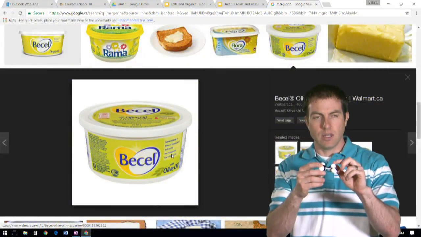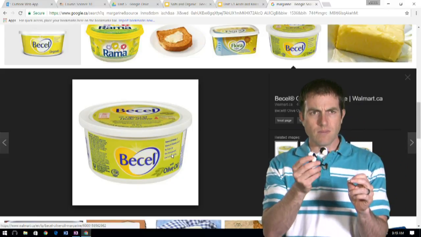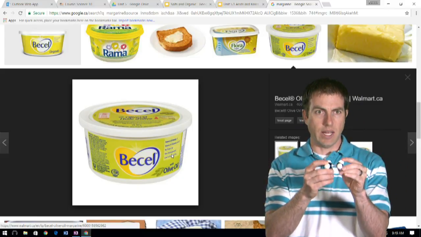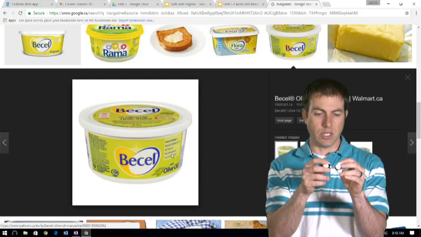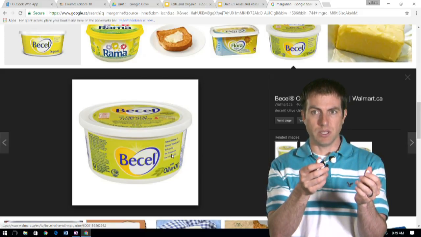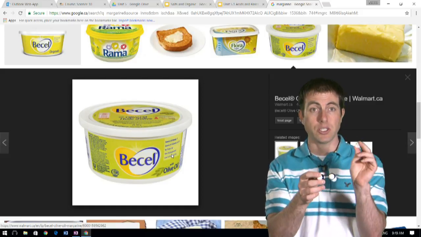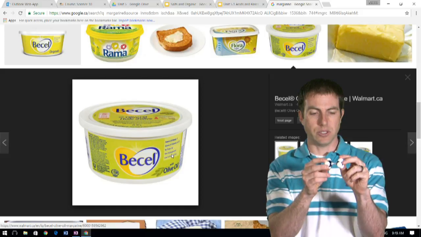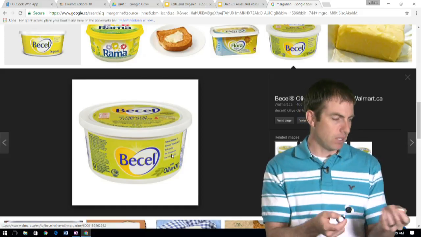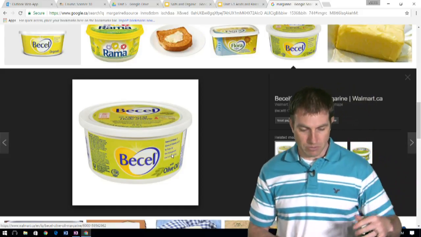Non-hydrogenated means that not all the carbons have all the hydrogens stuck on the sides. If you have something that's non-hydrogenated, you have a few hydrogens missing. If you have hydrogenated, that means that all of the carbons have hydrogens in all of the spots. There you go. Some everyday chemistry.